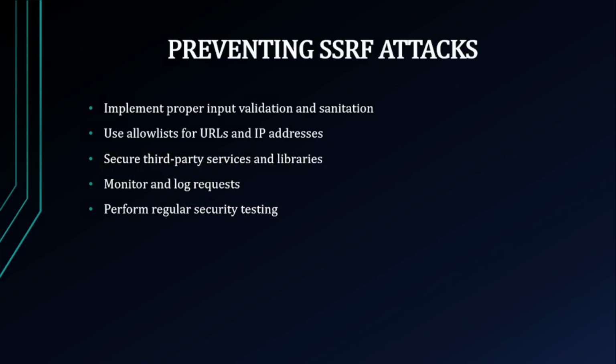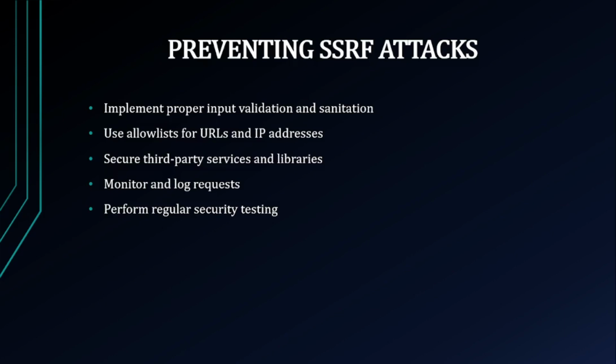Protecting your web applications from SSRF attacks requires a combination of best practices, tools, techniques, and methodologies. To mitigate the risk of SSRF attacks, consider the following measures. First, implement proper input validation and sanitization. It will ensure that all user-supplied data, including URLs, are validated and sanitized to prevent malicious input from being processed.